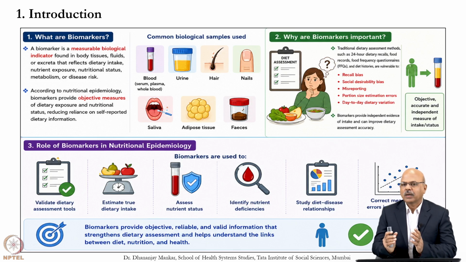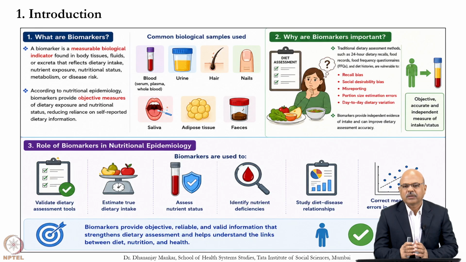So why are biomarkers important? Traditional dietary assessment methods such as 24-hour dietary recalls, food records, food frequency questionnaires and diet histories are vulnerable to recall bias, where memory is very important. Social desirability biases are there, which are very difficult to overcome. Misreporting is very common, and portion size estimation errors are very frequent.